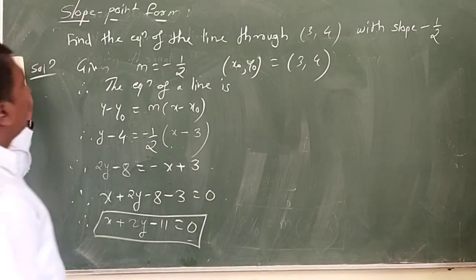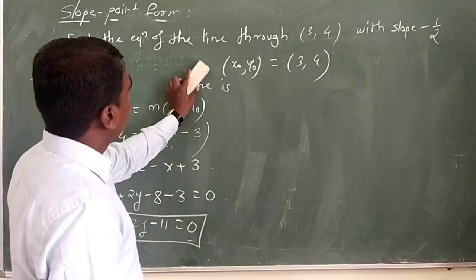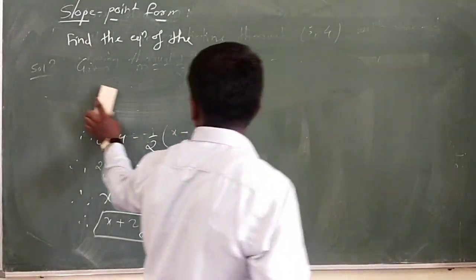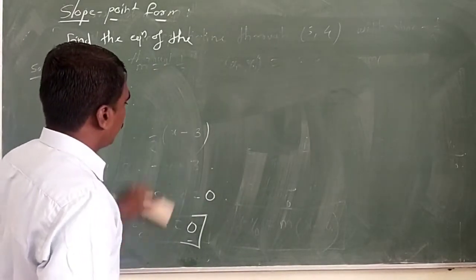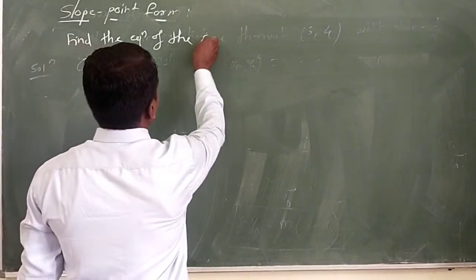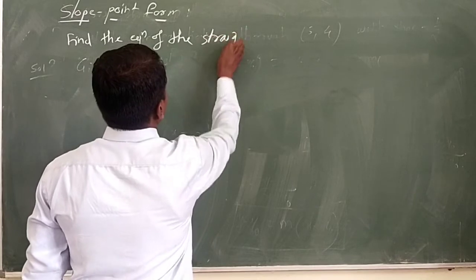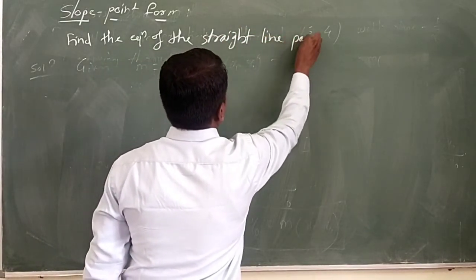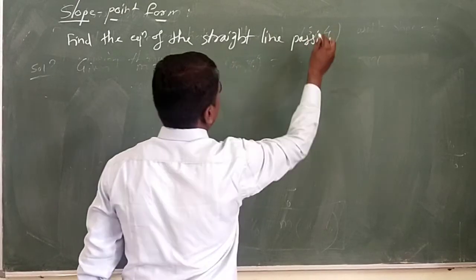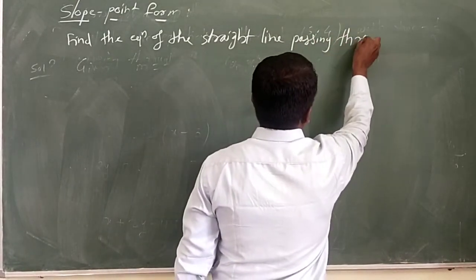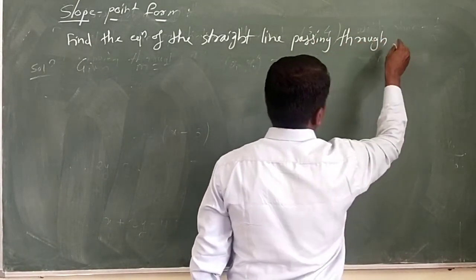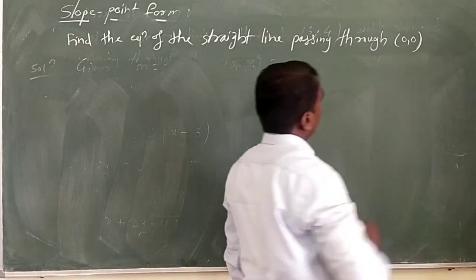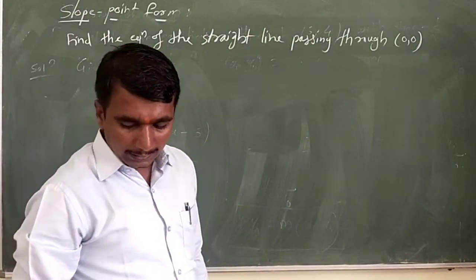So here one more example we solve. Find the equation of the straight line passing through 0, 0 with slope m.